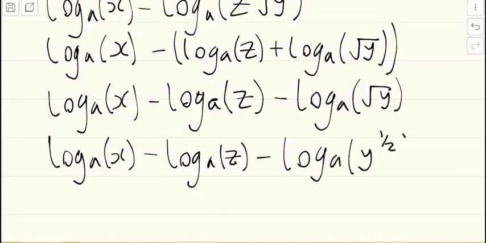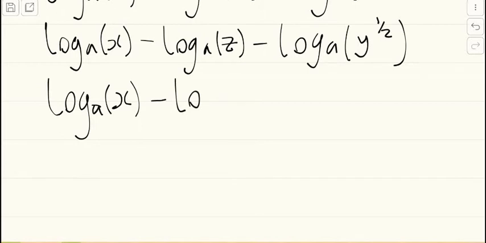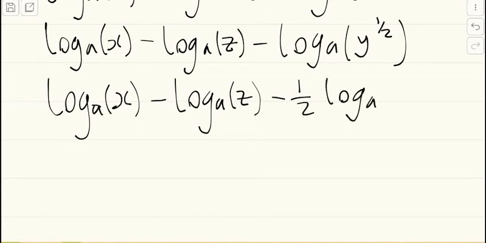Remember, the square root of y is the same thing as y to the power of a half. And then finally, using our log laws, we can rewrite the last bit with a half as a coefficient. So our final answer becomes log to the base a of x minus log to the base a of z minus a half log to the base a of y.